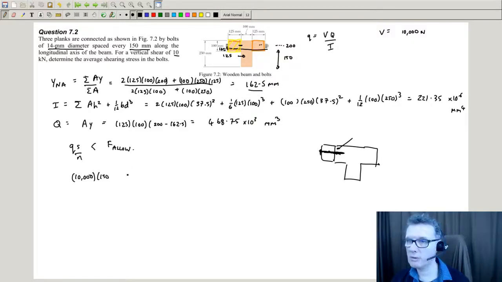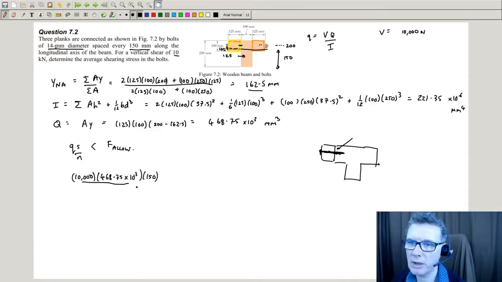Sorry, I haven't finished my little Q calculation yet. So V is 10,000. Big Q is 468.75 times 10 to the 3. My S is 150. And my I is 221.35 times 10 to the 6.